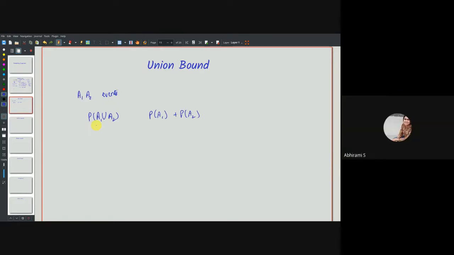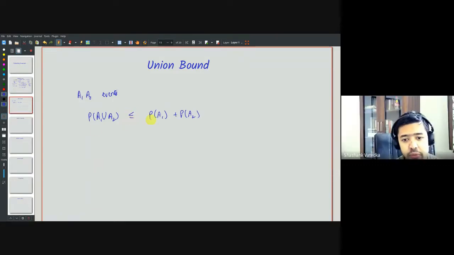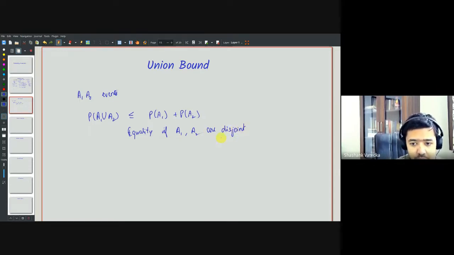Sir, the RHS should be greater than or equal to the LHS. If it is disjoint, it is equal only. Okay, so this is less than or equal to the probability of A1 plus the probability of A2, and you have equality if A1 and A2 are disjoint.